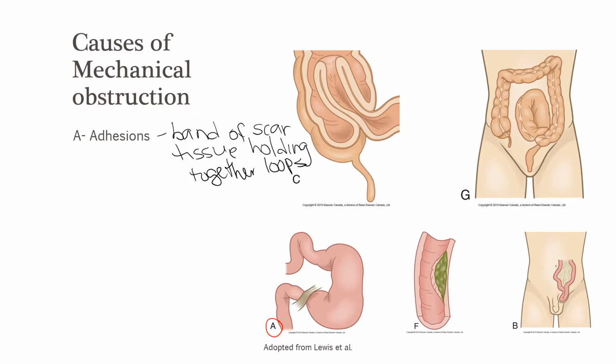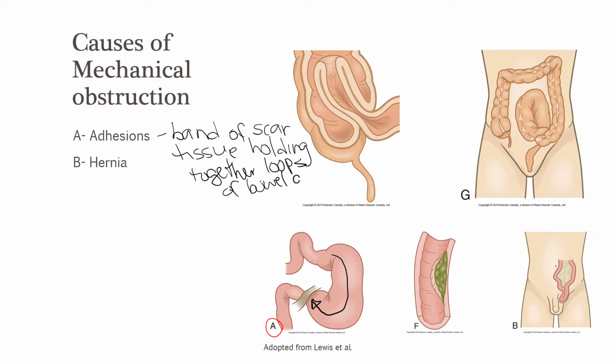And so if it holds together the loops of bowel, what that means is contents cannot get through the GI tract. So as content is trying to make its way through the GI tract, there is a physical obstruction at the point of where the adhesion is.